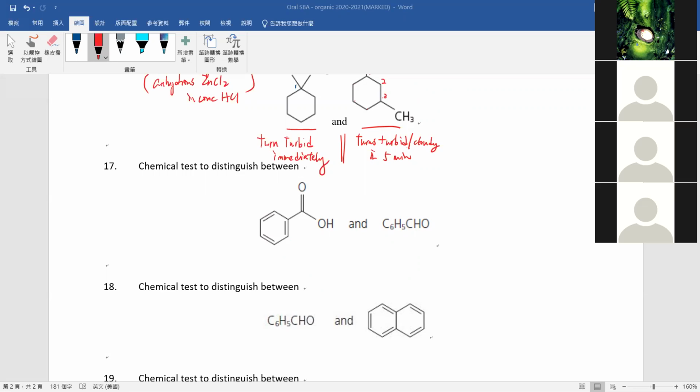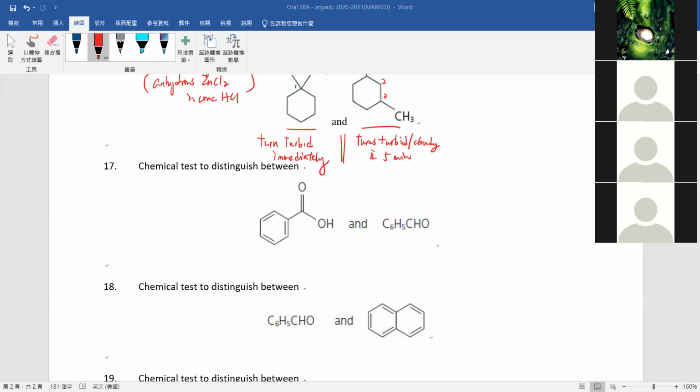How about the other one? Benzoic acid, benzaldehyde. Now take a look at the name.